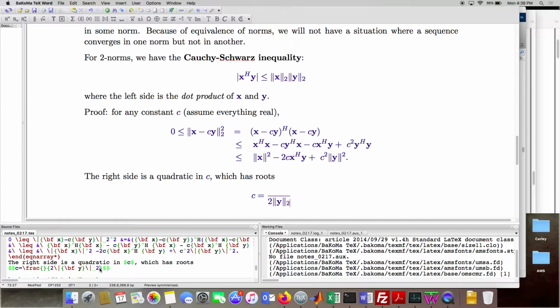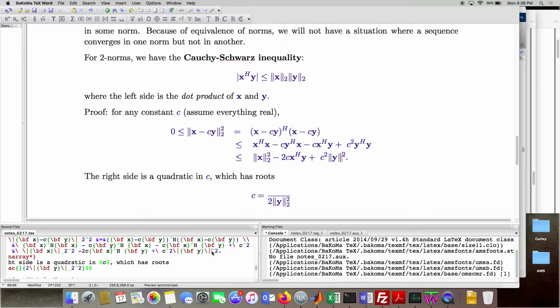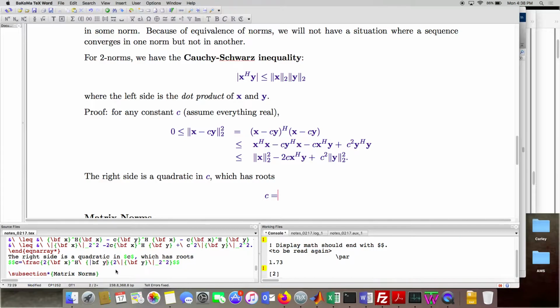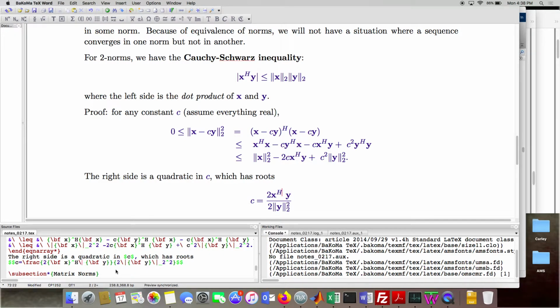I just realized I've been negligent of my subscripts. I need to make clear this is the 2 norm squared. Now, the rest of the quadratic formula will give me some minus b, so 2 x Hermitian transpose y, and then plus or minus the square root, and I have my discriminant underneath.